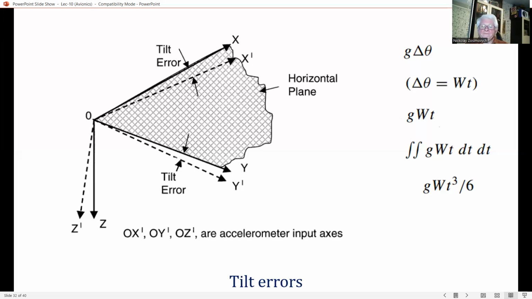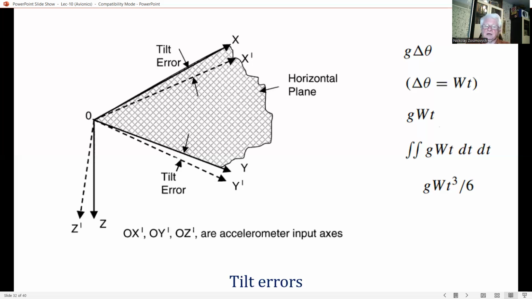It will be shown that Schuler tuning provides an undamped closed-loop correction action to constrain the system tilt errors so that they oscillate about a zero value with an 84.4 minute period. The INS vertical follows the local vertical irrespective of the vehicle acceleration, and so the system behaves like a Schuler pendulum.